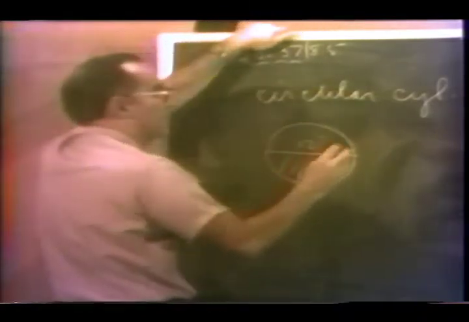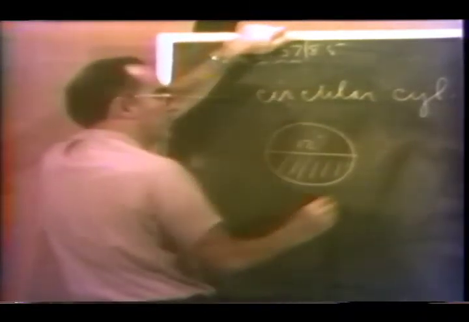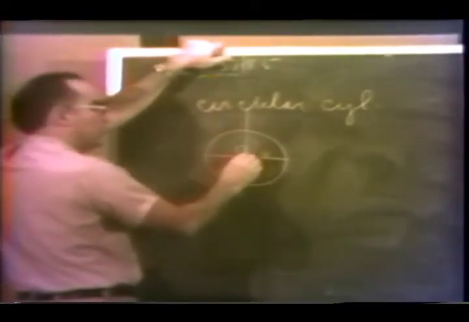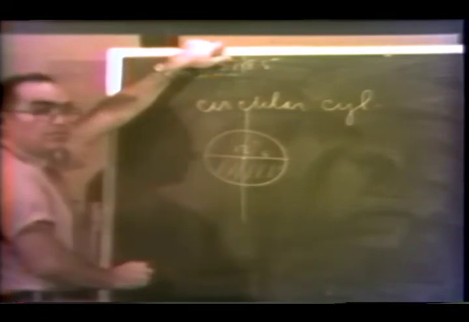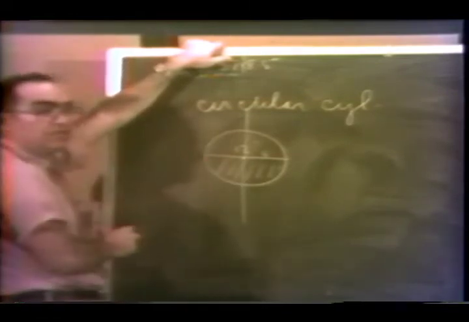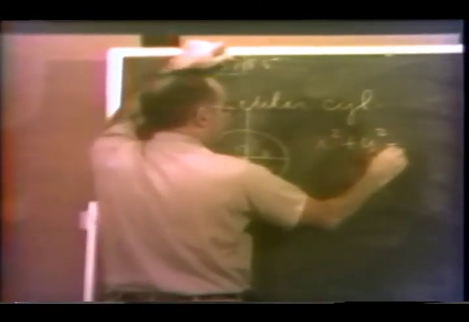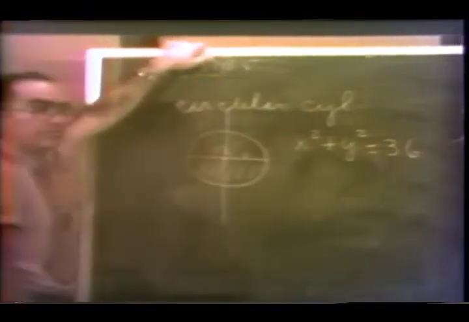The hint here, then, is what's the function? Well, if this has diameter 12, then it has radius 6, and you're looking at a semicircle. If you want to make it easy on yourself, make the origin the center. Then you have the circle x squared plus y squared equals 36.